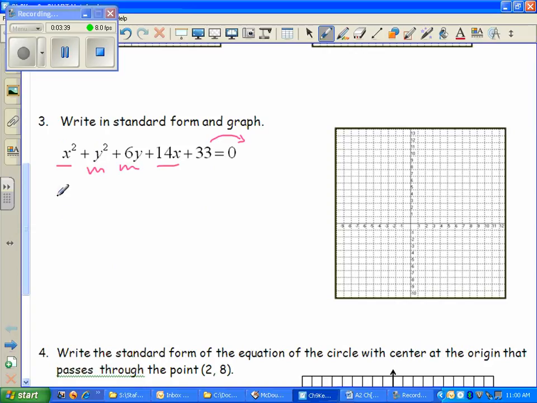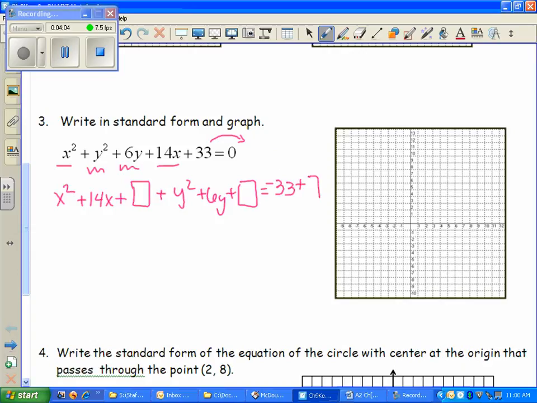So I'm going to group my x's on the right. x squared, this was a positive 14x, so I'll put plus 14x, plus, and I'm going to put a box for my placeholder because something will have to go there, plus my y's, y squared plus 6y plus box for my y's equals, moving the 33 over makes it negative 33.